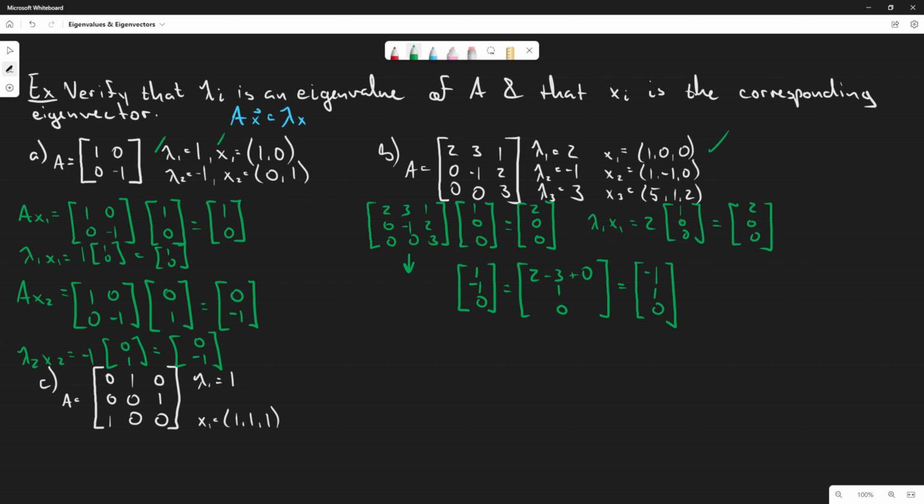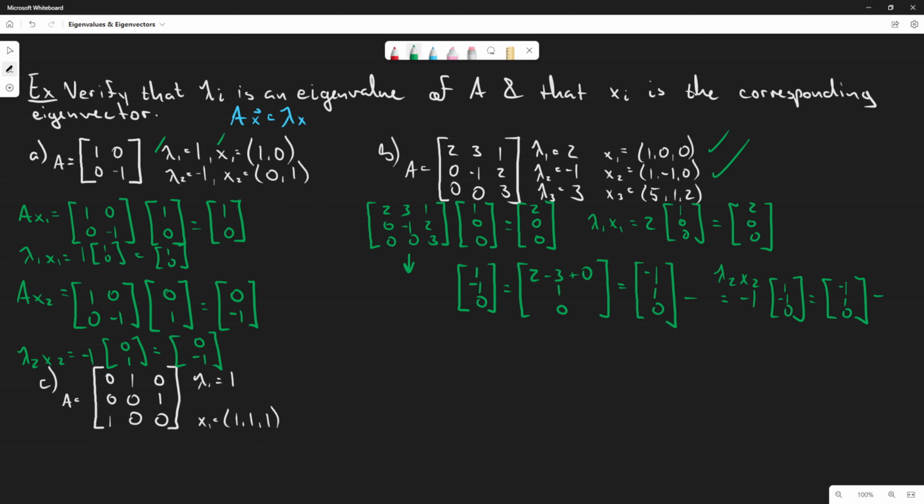To check with lambda 2, we have lambda 2 x2, which is -1 multiplied by [1, -1, 0]. The signs flip, so we have [-1, 1, 0], which is the same thing as the other one. So yes, this one's also an eigenvalue and eigenvector.